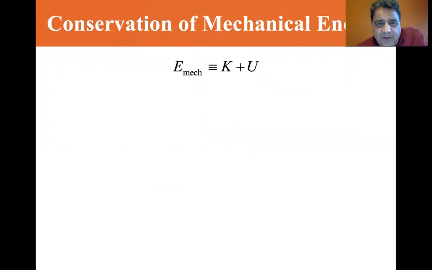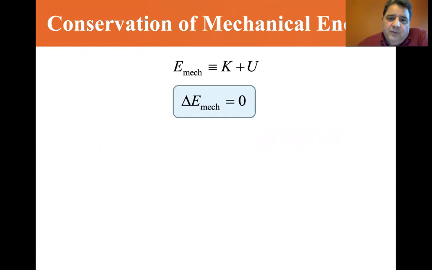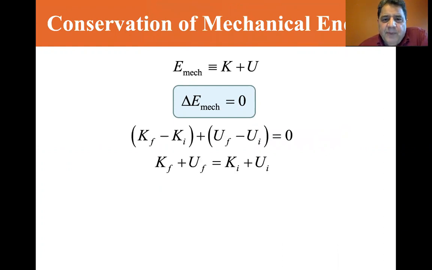Whenever the mechanical energy is equal to the kinetic energy plus the potential energy, the change in the mechanical energy is equal to zero. So the kinetic energy final minus kinetic energy initial, plus the potential energy final minus the potential energy initial, is equal to zero.